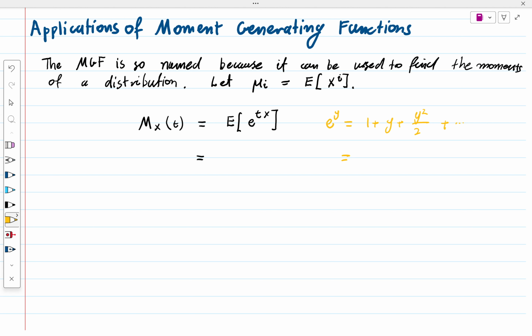Or in shorthand form, we can write it as the sum from i equals 0 to infinity of y to the i over i factorial.